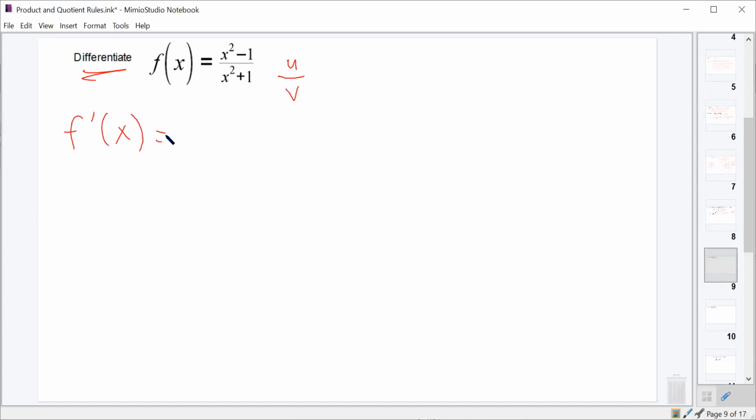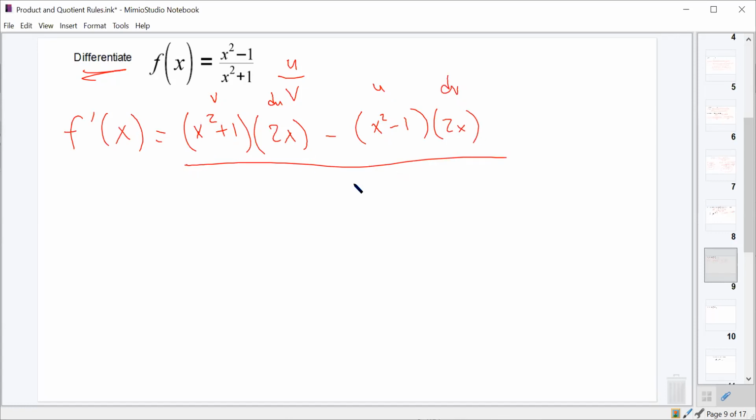It says v, so x squared plus 1, times the derivative of u, which is 2x, minus u, the numerator, times the derivative of v, the denominator, all over v squared. Good or no?